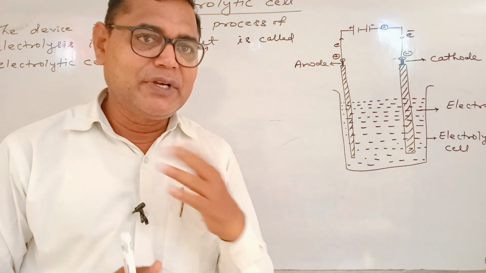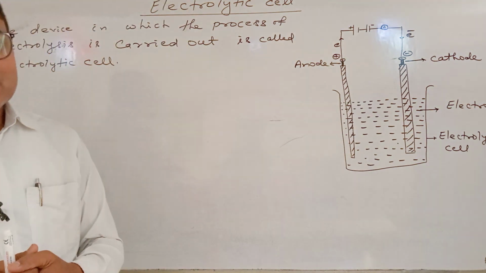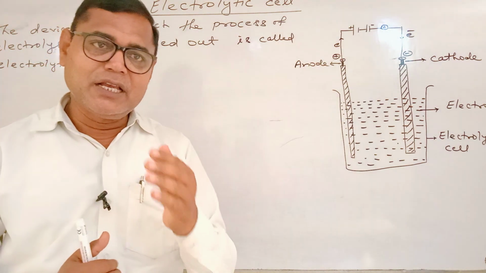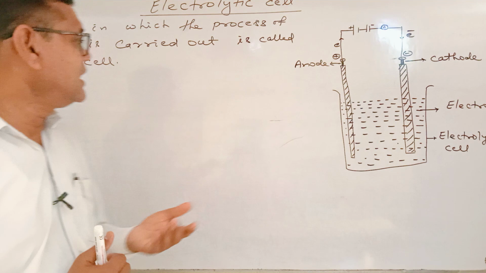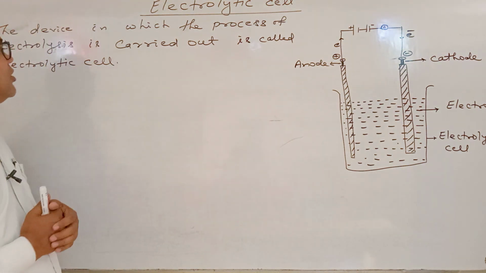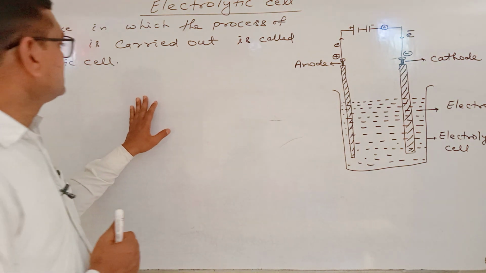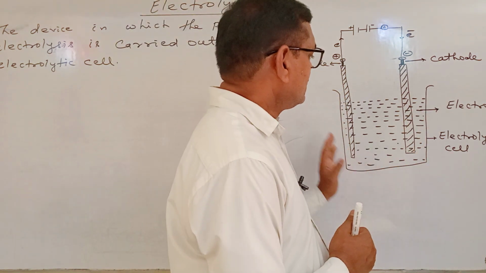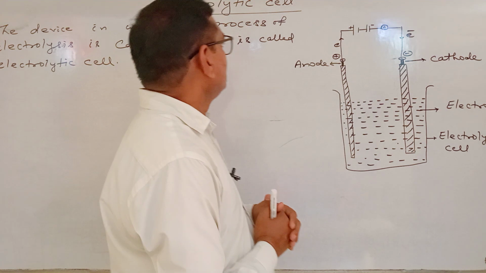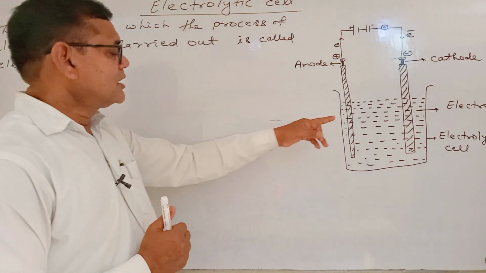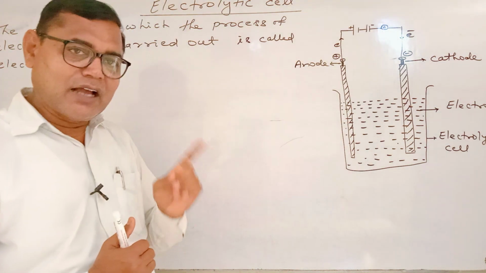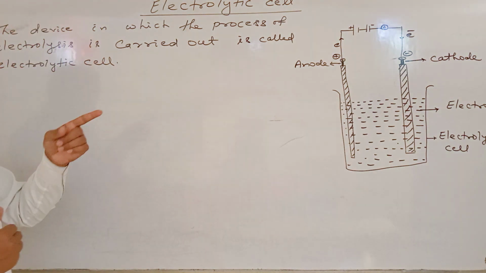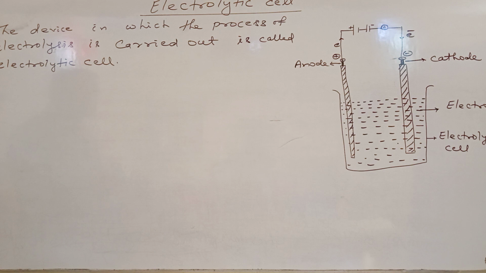Now repeat: the device in which the process of electrolysis is carried out is called an electrolytic cell. Therefore, we call it an electrolytic cell.